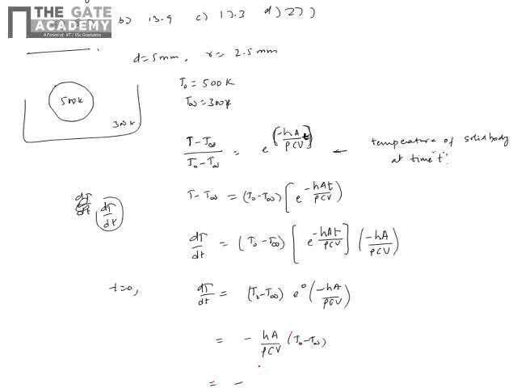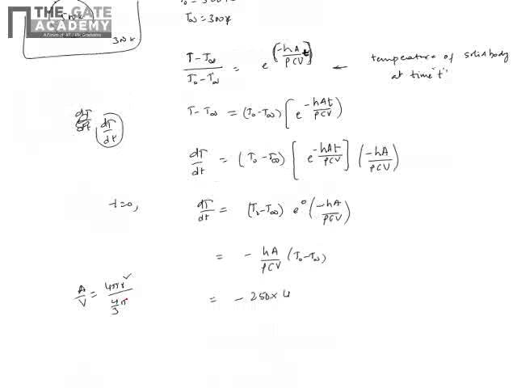So let's calculate this. h is given as 250, area is 4 pi r square. So A by V would be 4 pi r square, surface area, by 4 by 3 pi r cube. So this will be 3 by r, and in terms of dia I can write r as d by 2, which is 6 by d.